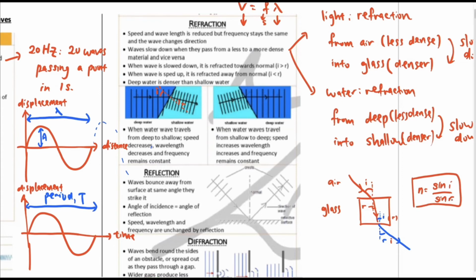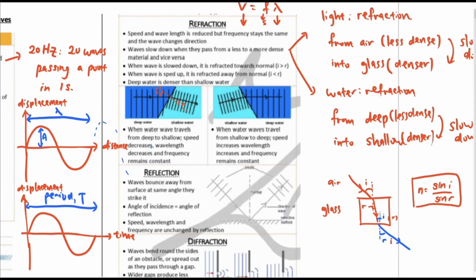Sometimes if I don't clarify, you may misunderstand which is I and which is R. Over here, this is I, this is R. Over here, if I follow theory, this is I, this is R. It's confusing, so because of that, I clarify now. For calculation purposes, the I is the big one, the R is the small one. For this case, same also.